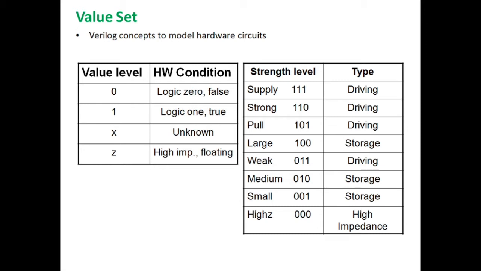Whenever I have two different values, which may be 0 and 1, or 1 and x, or z and x, whatever it is, and these two signals are driven on a single wire, the question arises of which signal or value the wire has to accept.